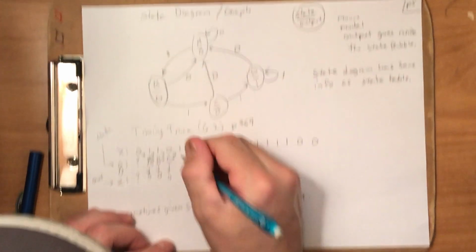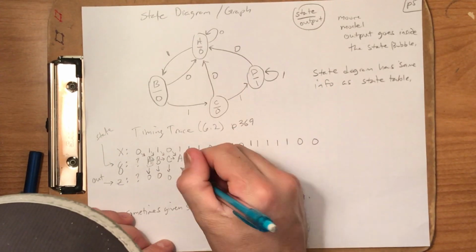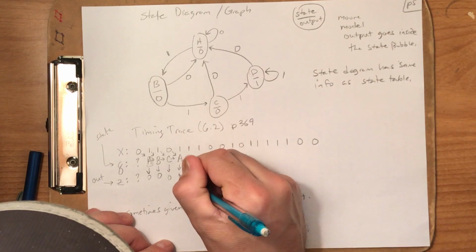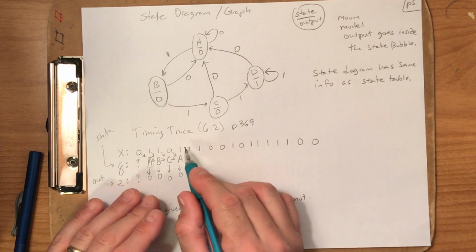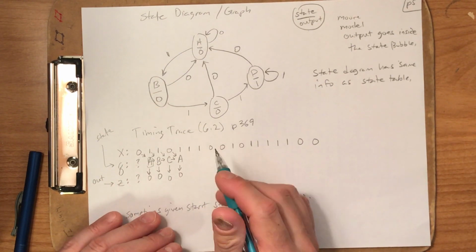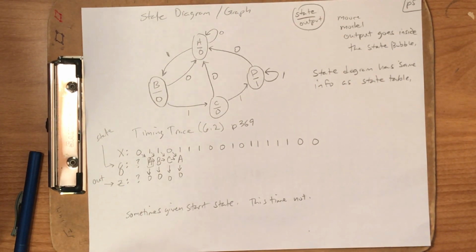C with a 0 takes us back to A. State A, the output is 0. I'm just putting in the arrows to kind of show you what values here tell you what to fill in. You don't have to write the arrows, and if you look at the example in the book, the arrows aren't there.